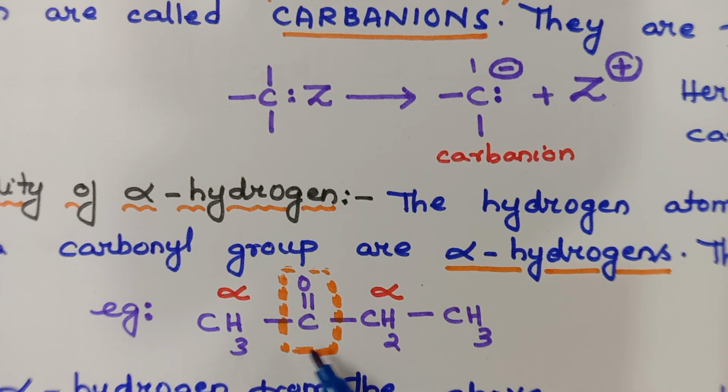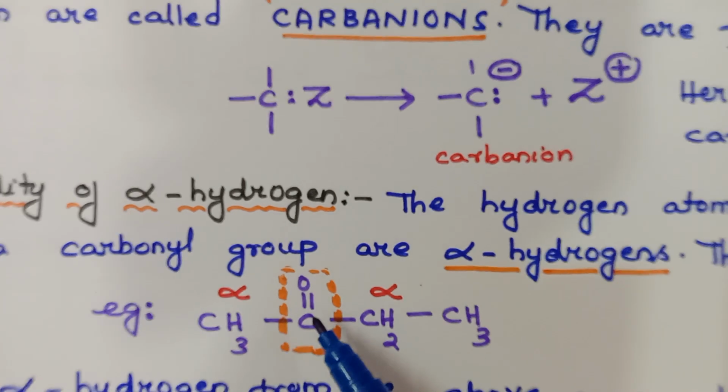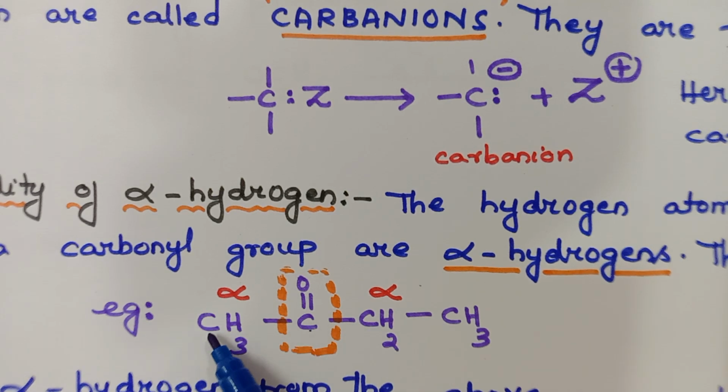Total 4 carbons, and this C double bond O group we call the carbonyl group. Now this carbon and this carbon are the carbon atoms adjacent to the carbonyl group. Immediately next to this carbon is this carbon, but this is not the adjacent carbon, students.